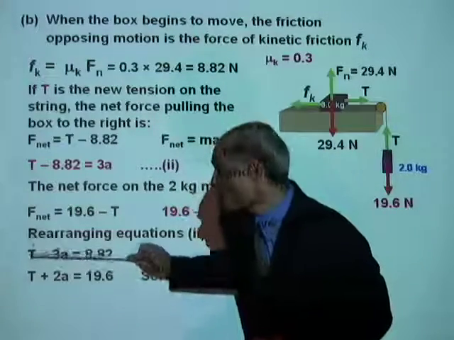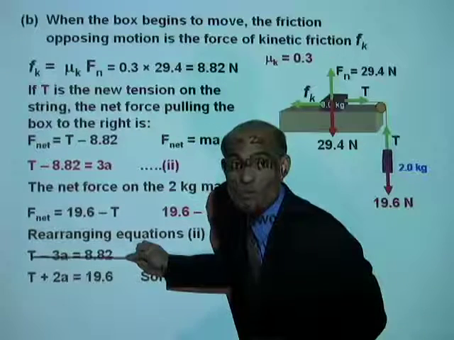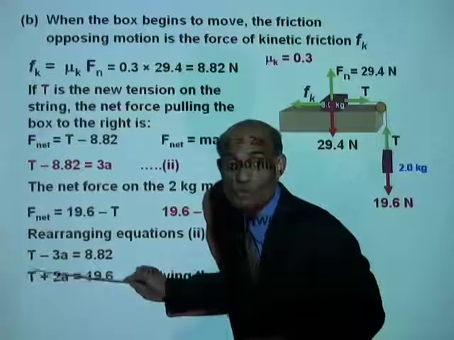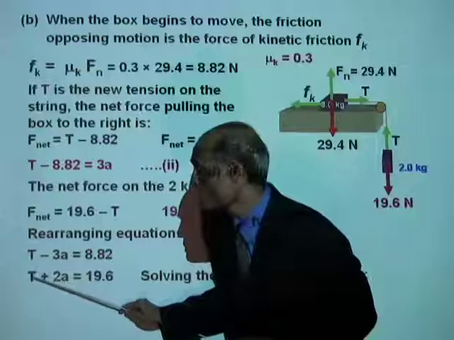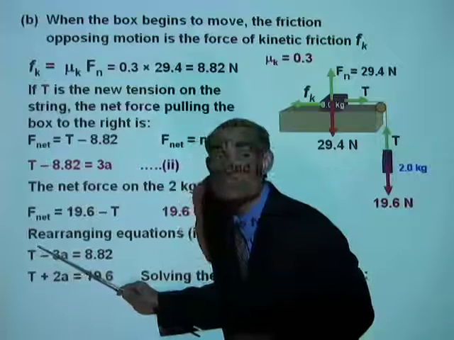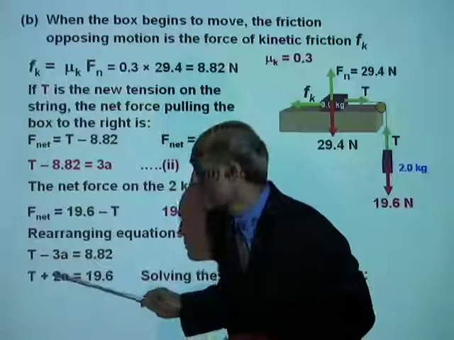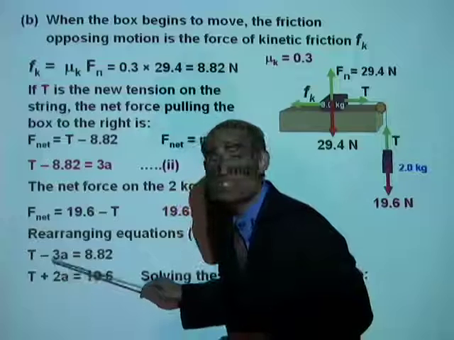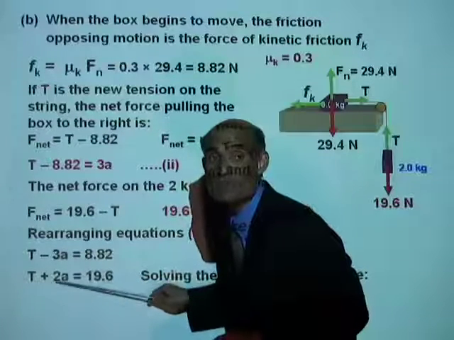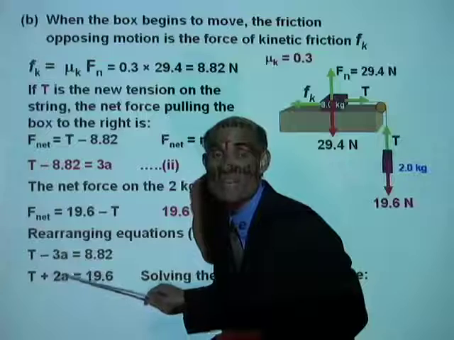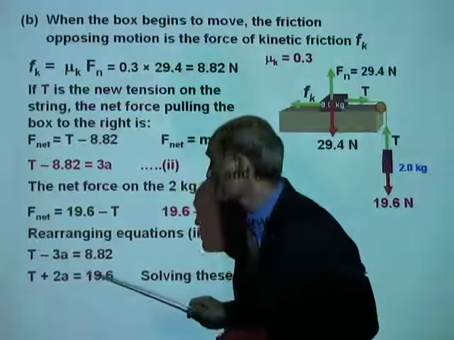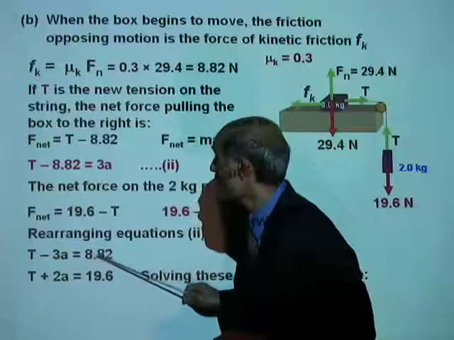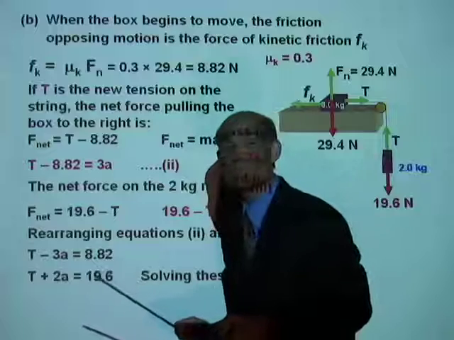This time, let's subtract the top equation from the bottom. T minus T is 0, so the T's will go. 2a minus negative 3a is 2a plus 3a, that is 8a, equal to 19.6 plus 8.82.